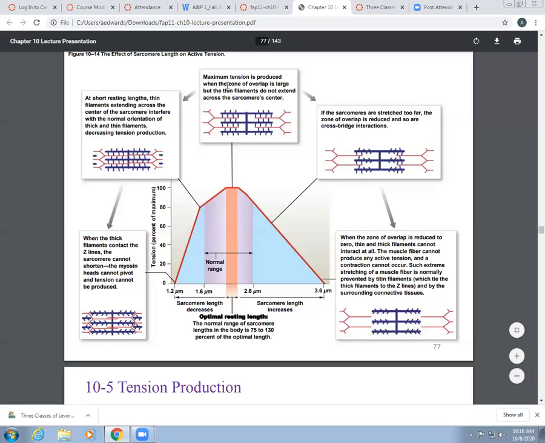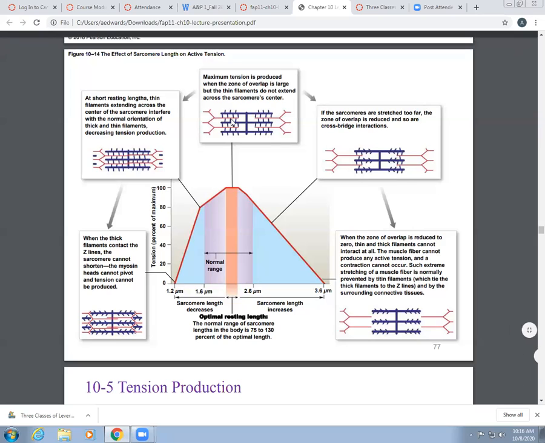All right, so you get the most amount of tension when your zone of overlap is very large, okay? But the thin filaments do not extend across the center of the sarcomere. But if your sarcomeres get stretched too far, you're reducing your zone of overlap too much, and you don't have very many opportunities for cross bridges.